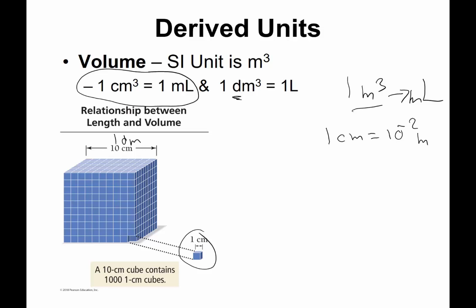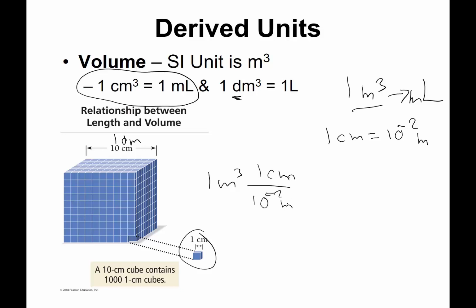meters. And so what you can do is take 1 meter cubed and convert that to centimeters. Okay, now be careful here, right? Because we know that 10 to the minus 2 meters equals 1 centimeter, right?